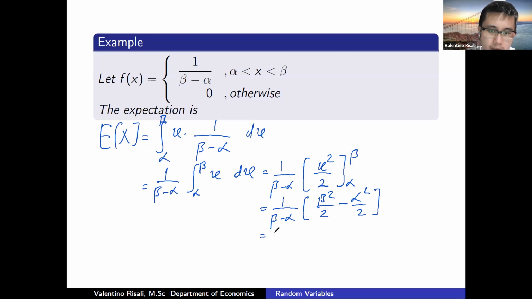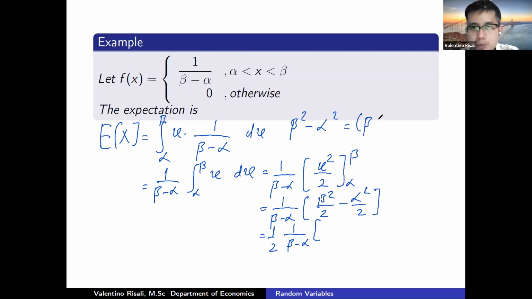Write a half into this place, and we factorize beta squared minus alpha squared into beta plus alpha times beta minus alpha.